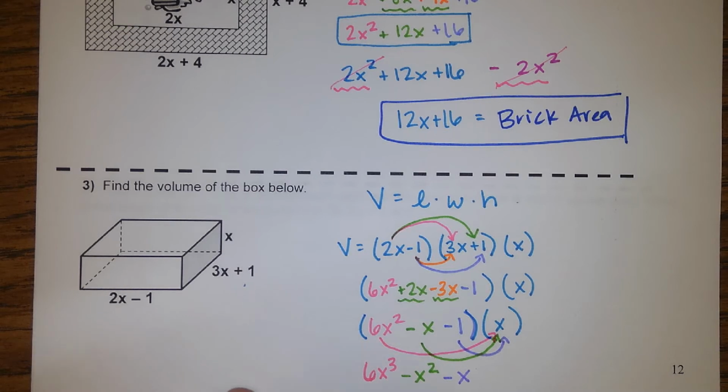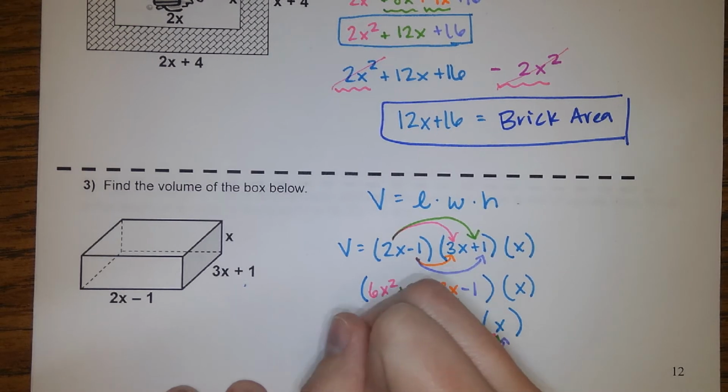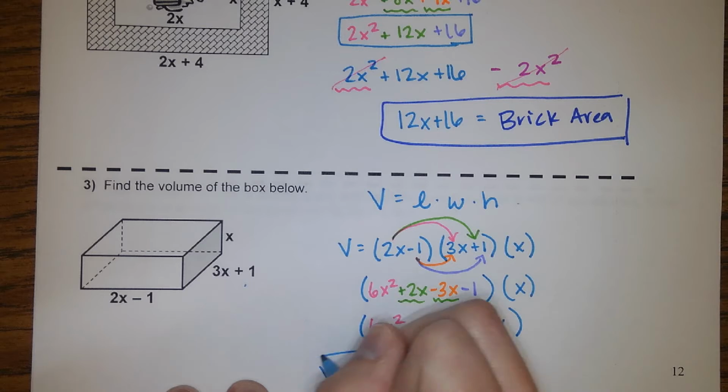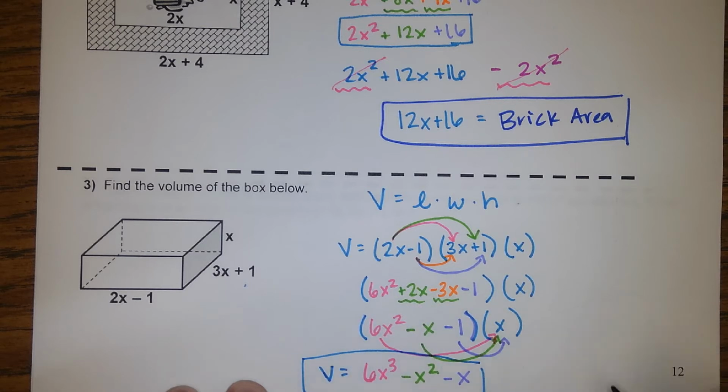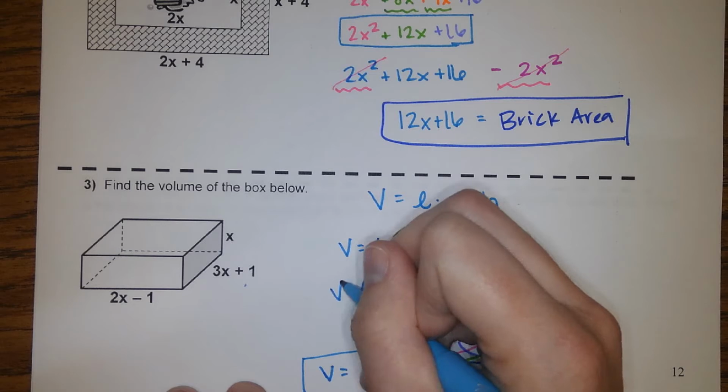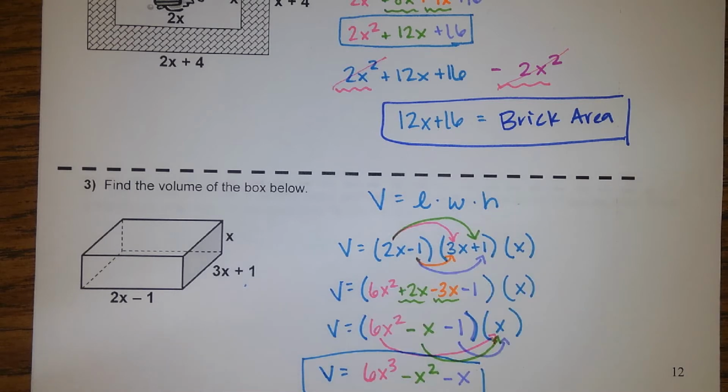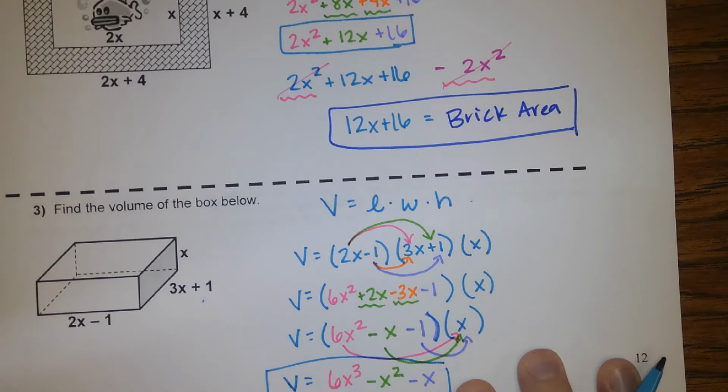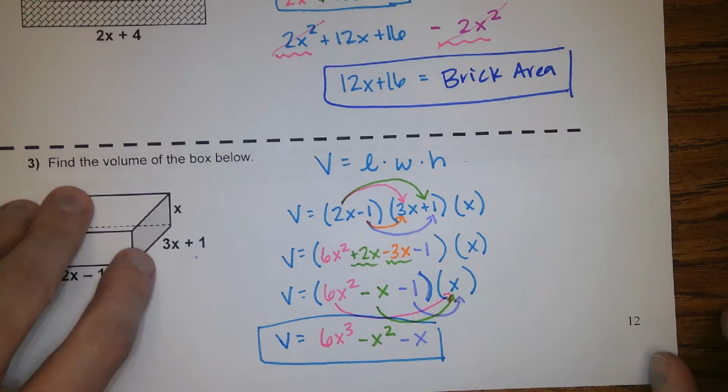So in this case, our volume is equal to 6x cubed minus x squared minus x. And technically, all those were V equals as well. All right, so that is how we find our volume.